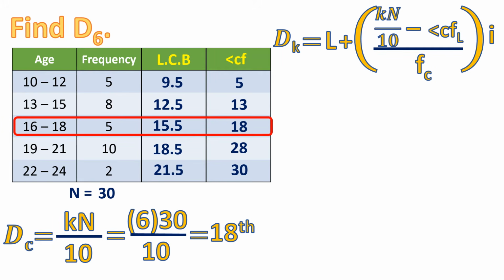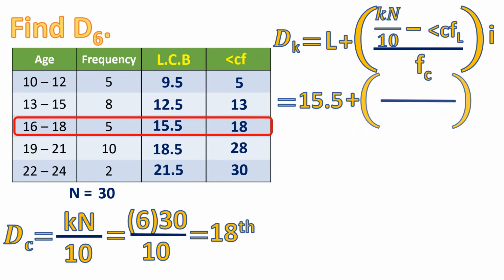But since it's exactly 18, we're going to choose that row. And then let's substitute. Lower class boundary is 15.5 plus the kn over 10, decile class is 18, minus less than cumulative frequency, which is lower than 18 is 13, over the frequency of the decile class, which is 5, times the class size is 3.